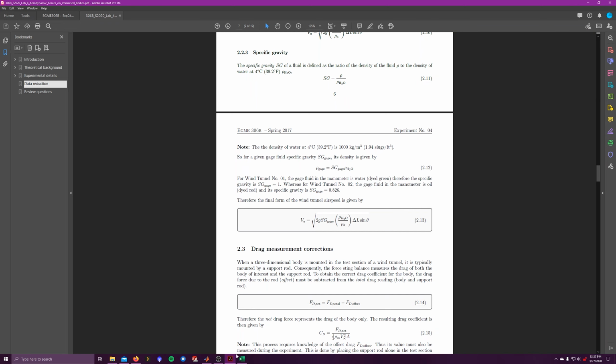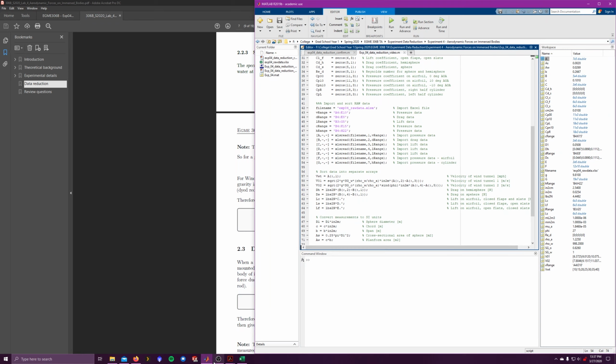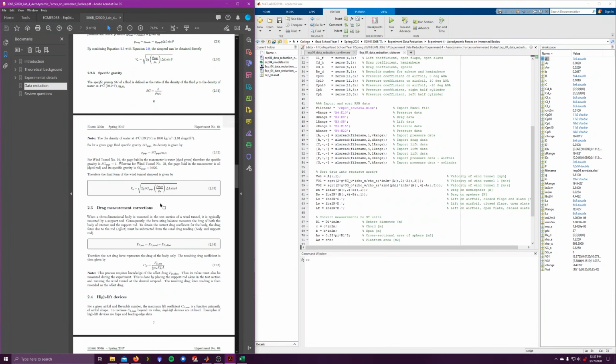And then it also looked like for the first wind tunnel, we didn't have an inclined manometer, I don't think. I'm just kind of looking at the data that I had. So you'll see for that, we're just doing 2 times gravity times our gauge fluid multiplied by the density of water divided by the density of air.